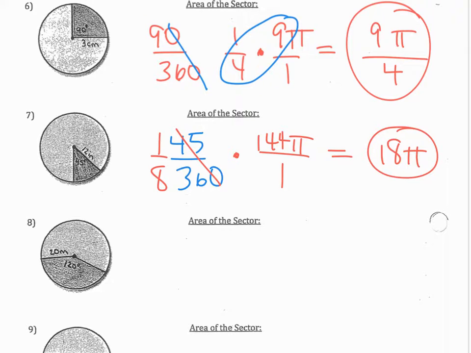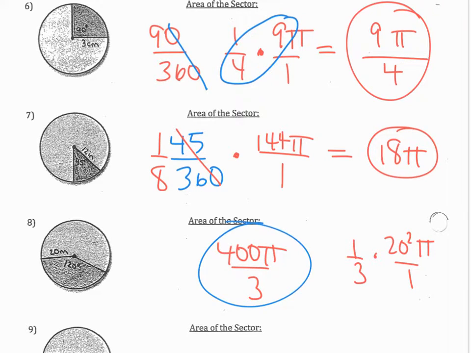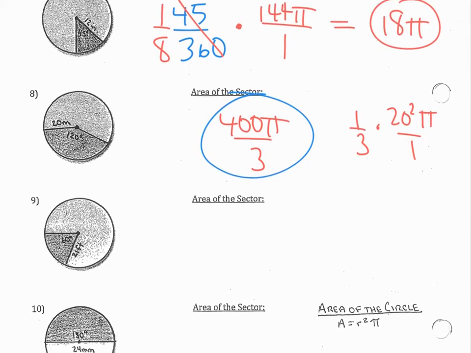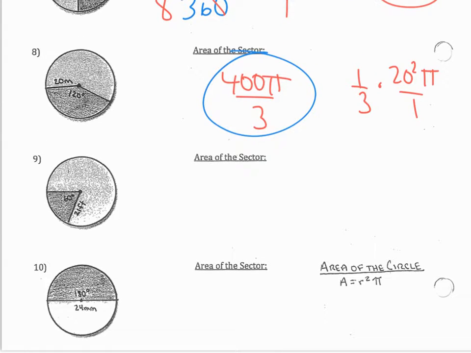Okay? So with the people at your table, see if you can do numbers 8, 9, and 10. 100 pi over 3. Okay? You got 400 pi over 3, and he got that from doing 1/3 times 20 squared pi over 1. Okay? Number 9. 147 pi over 2.